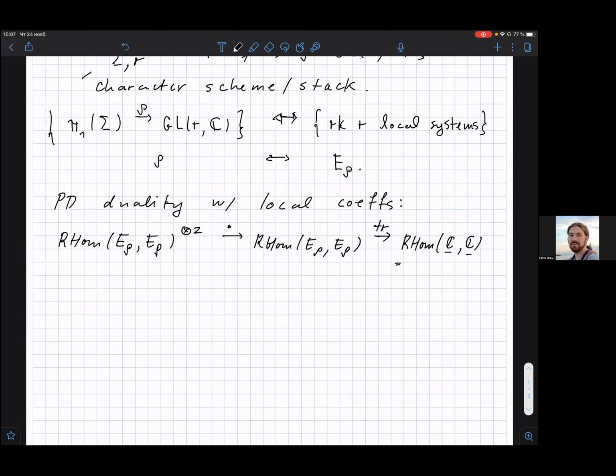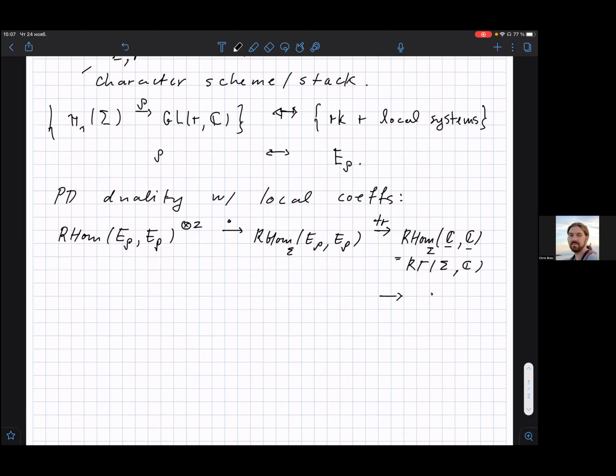And what is this? This is all the orientation. I get a map like this, and then the statement is that this is a non-degenerate pairing.